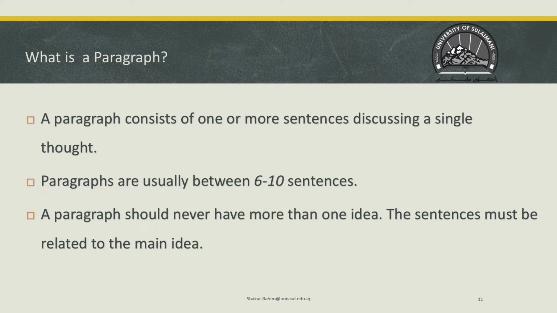A paragraph should never be more than one idea. For example, you cannot write about Lionel Messi and, for example, a sports car in one paragraph. No, you should talk about one thing. You cannot talk about a continent, like Australia, and then go and talk about China, which is in a different place.